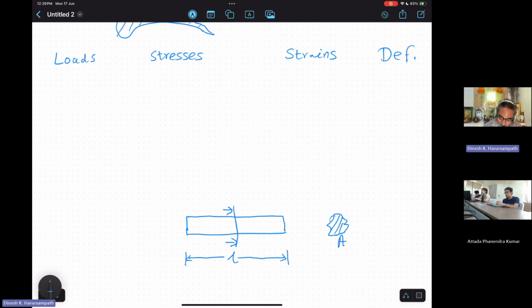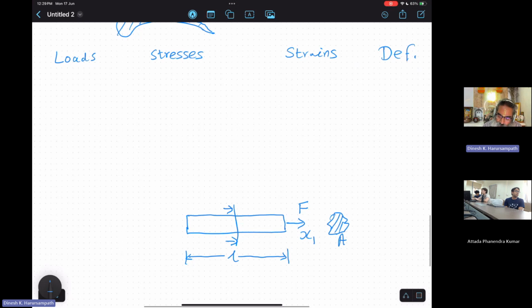So now I can think of it as having an axial force F. And since I'm going to introduce a coordinate system x1 along that, I will call that as F1, because F is also a force, is also a vector. So it has measure numbers F1, F2, F3 parallel to the x1, x2, x3 axis. But in this case, simple example, we are considering only F1 to be non-zero, the other two, F2 and F3, to be 0.